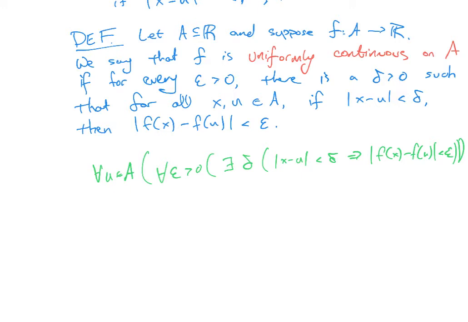In uniform continuity, what we do is we take that for all u in A, and we move it right there. Since we're moving it past the there exists, the definition gets harder to satisfy because the same delta has to work everywhere.